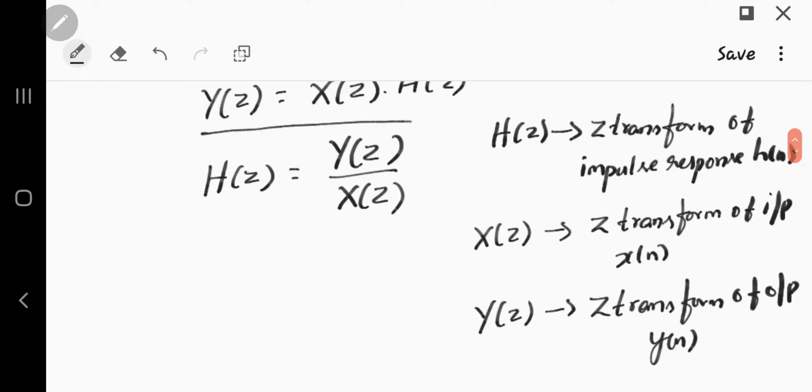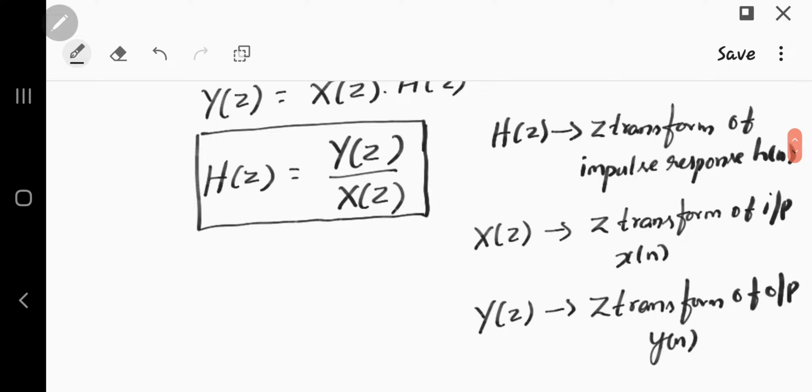This is the transfer function or system function of the LTI system. So we denote h of z equals y of z by x of z, because h of z is referred to as the system function or transfer function of the system.